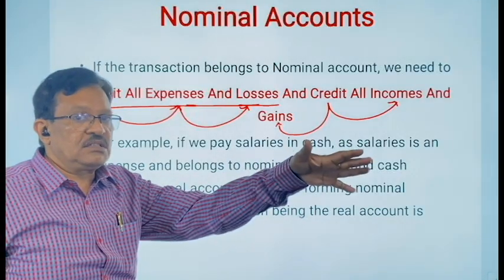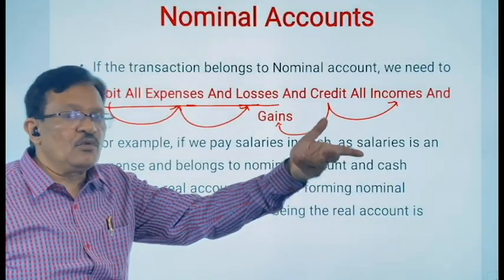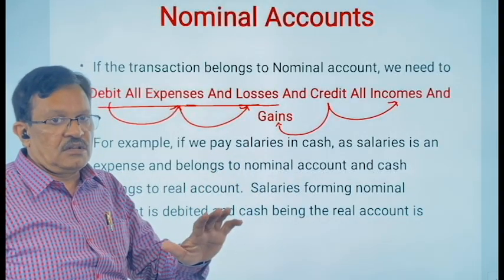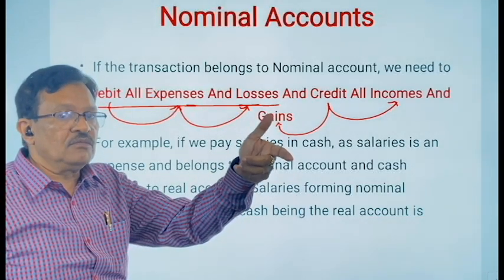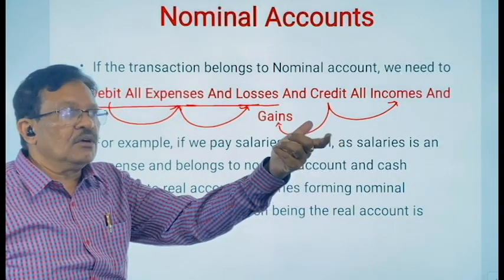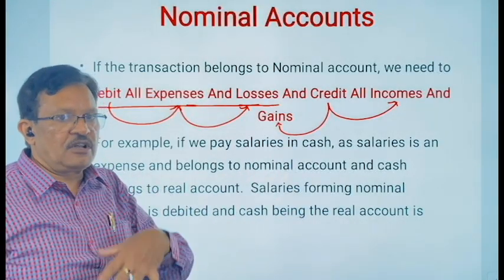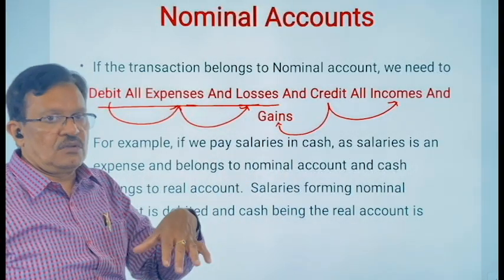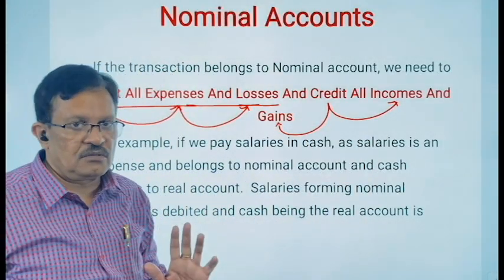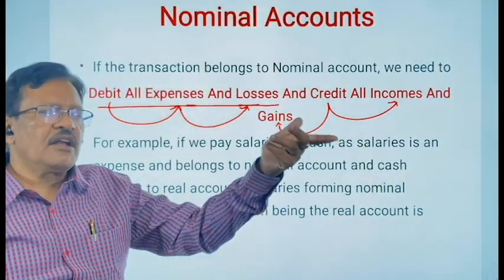Whether we have paid the rent or we have received the rent: if we receive rent, that becomes an income, and when we pay rent, it becomes an expenditure. When we pay rent, we debit it. When we receive rent, we credit that account. There are rent receivable account, rent received account, and rent paid account.